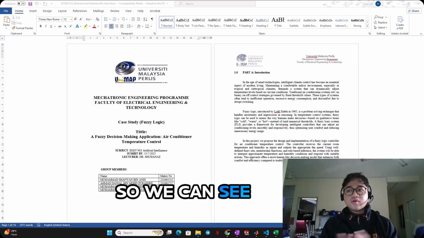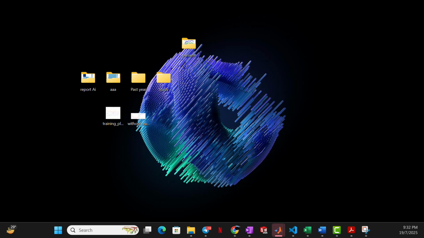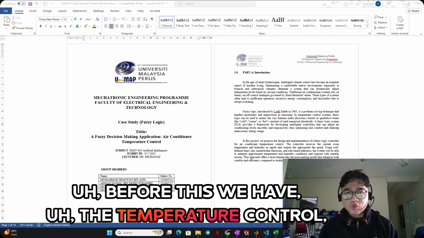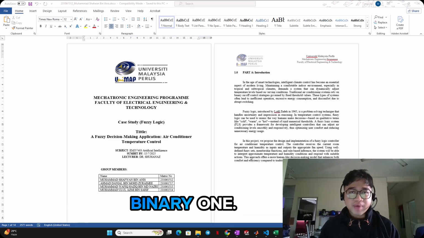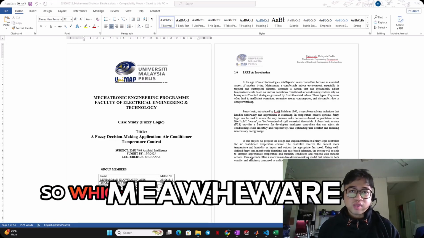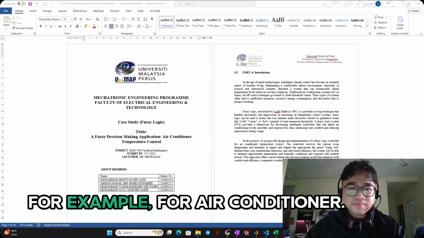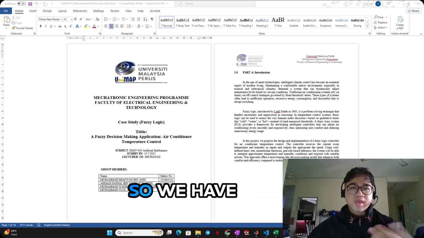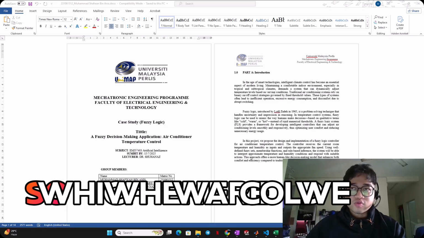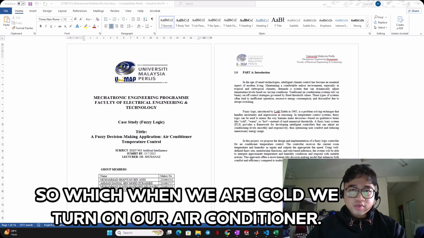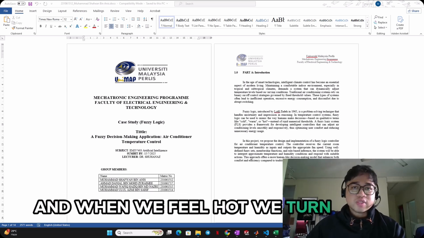So we can see that all around the world, before this, temperature control was not using fuzzy logic, but a binary approach. For example, with an air conditioner, when we feel cold we turn it on, and when we feel hot we turn it off.